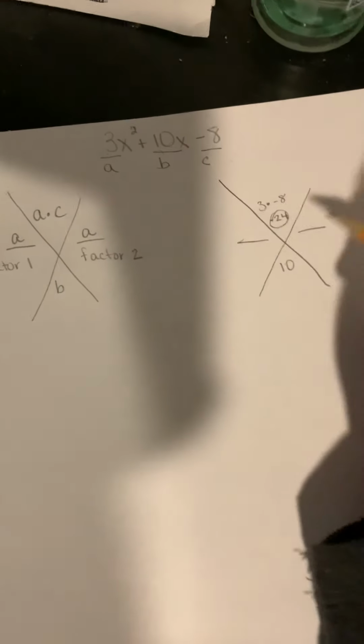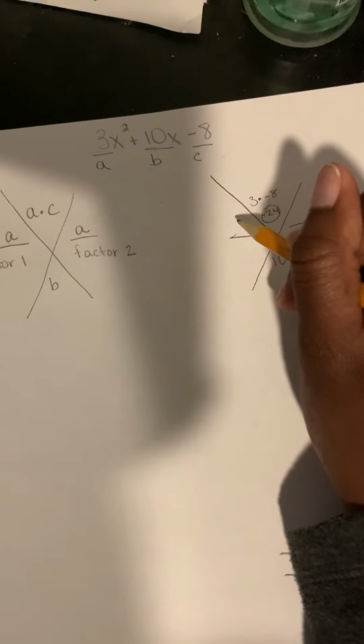Then on the sides, you have A on the bottom. A was 3. Oh, sorry, this is supposed to be A on the bottom.